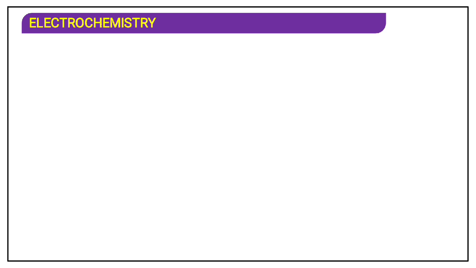Then let us go to the very important thing, the EMF calculation. How to calculate the EMF is by using the Nernst equation. So for this reaction, how to write the Nernst equation, let's go now.